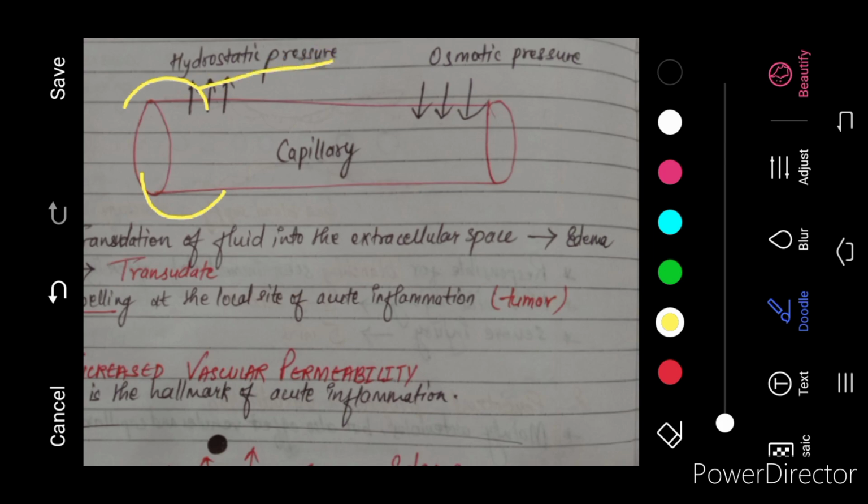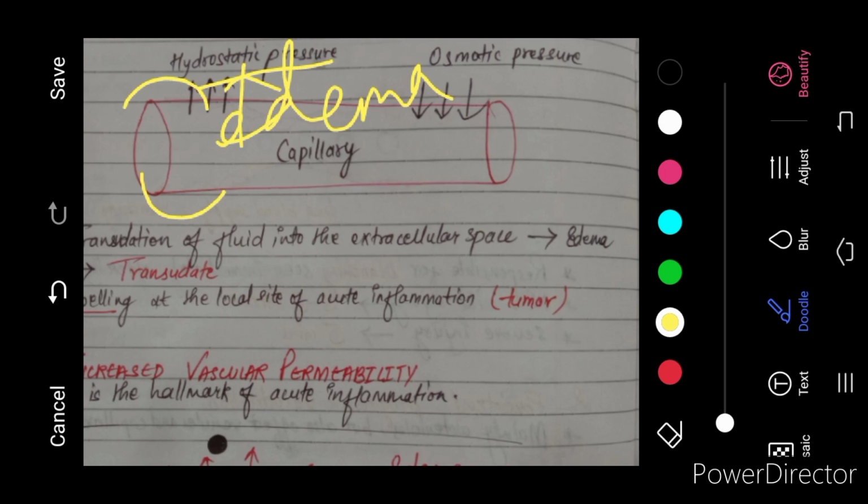So the fluid from the capillary will come out and accumulate outside of the capillary, which will lead to edema. That is transudate type of edema. Since only fluid leakage is there, it is known as transudate.